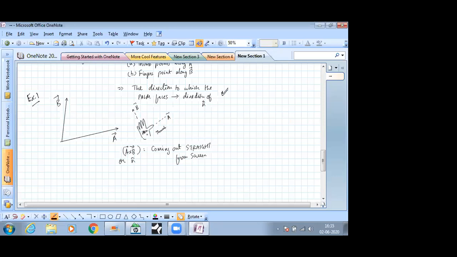In this case, your palm is facing towards you. That means n cap is coming out of the plane straight towards you. Hope this first example is clear.